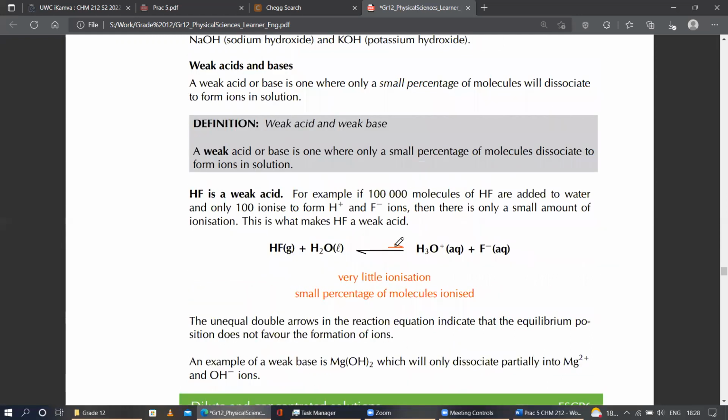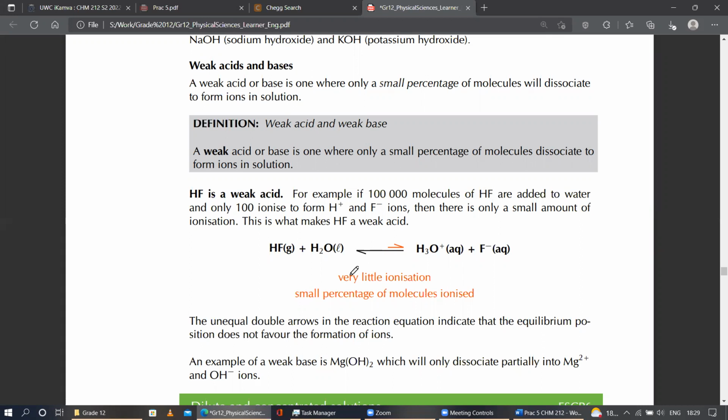I don't think they're going to ask you to use these arrows to show whether a reaction is using a weak acid or a strong base. So I just suggest that you familiarize yourself with the list of strong acids and strong bases.